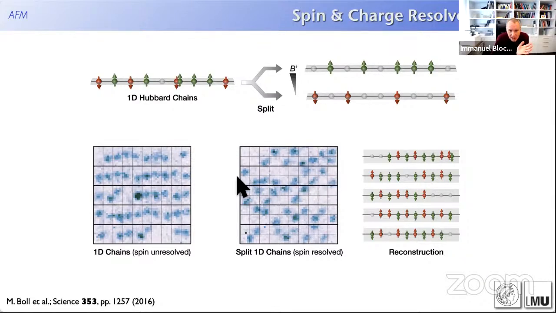The physical chain underlying this split chain for detection that you see here is just the one that you see here. Okay, so this is just an example of showing you an image where we were not able to do the spin resolution, or we didn't do the splitting, but it's a different realization. Remember, each time we make a photo, it's a random picture that we get. Okay, because of the random configurations that underlie the many-body state. Was that clear? Yes, thank you.